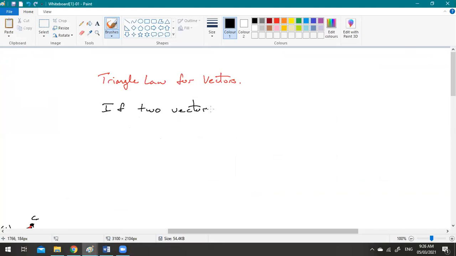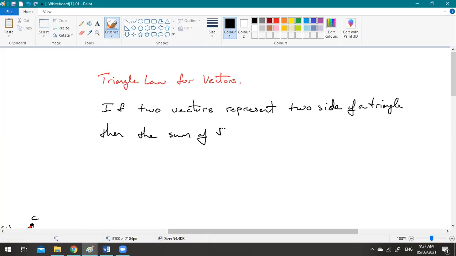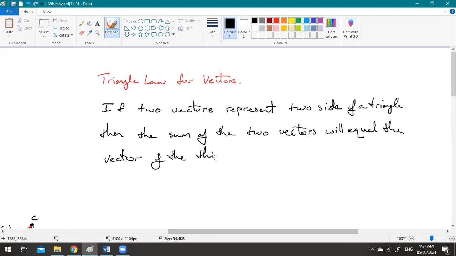If two vectors represent two sides of a triangle, then the sum of the two vectors will equal the vector of the third side. Basically, that's what they're saying.